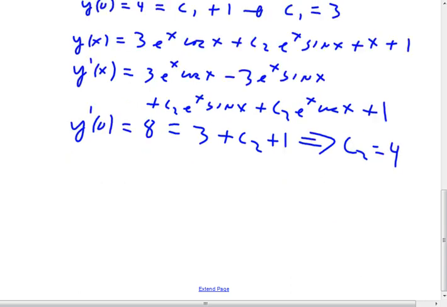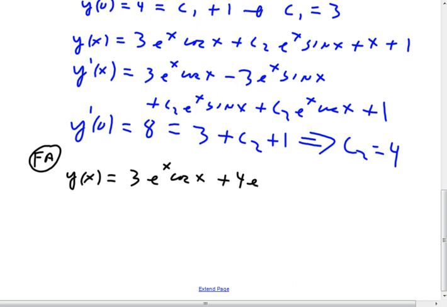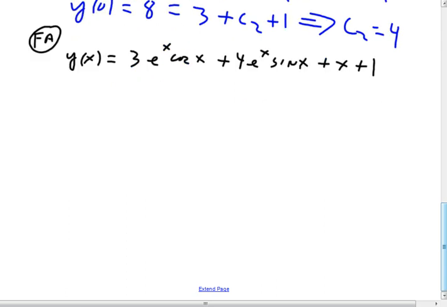Now I can write down a final answer. y of x equals 3 e to the x cosine x plus 4 e to the x sine x plus x plus 1. And it's from there that I would check my work.